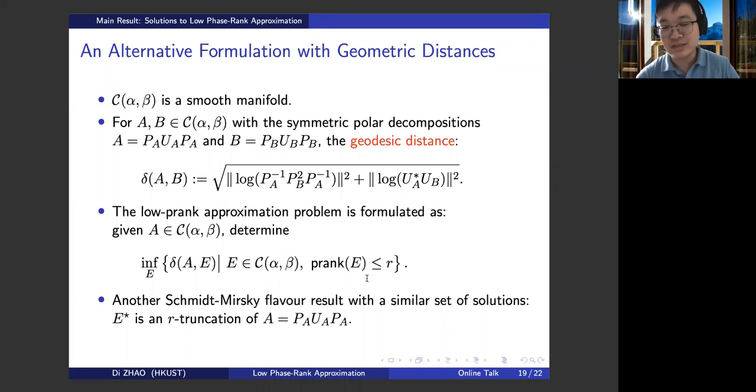If E is a low phase rank matrix, then E will contain partial phase information of the matrix A. And if E has zero phase rank, it should be the best positive definite approximation to the matrix A. So this is how we solve this low phase rank approximation. And if we see that the solution is not very desirable, we can try to improve or reformulate it slightly with this geodesic distance.